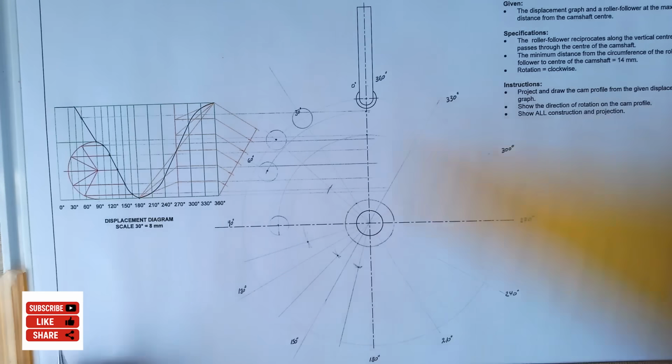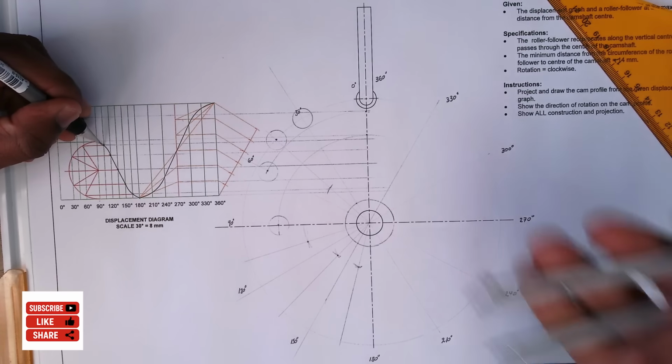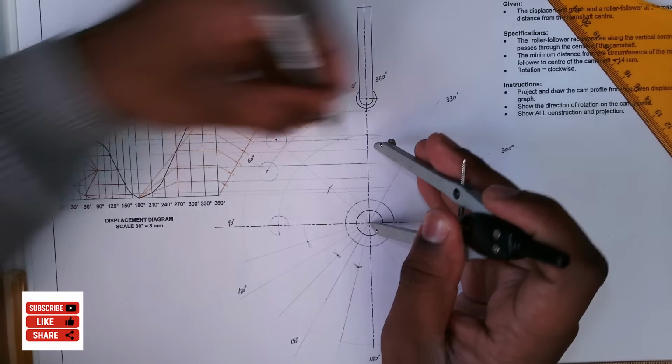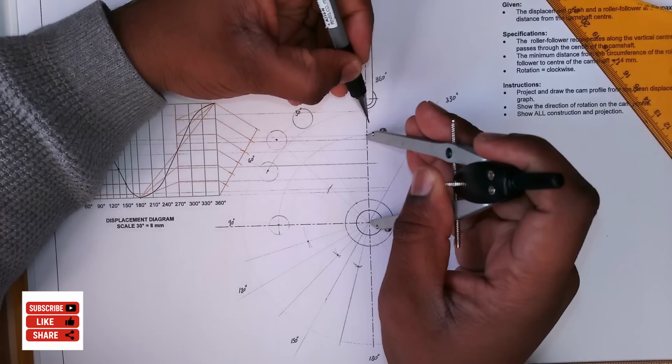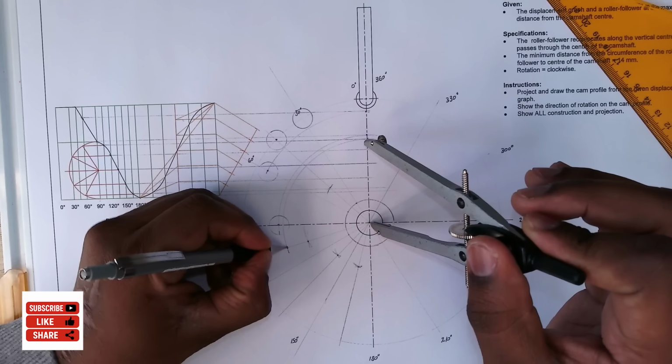Okay, so I'll start with this point here. I'll take my compass, put it at the center, and then to there, and then I'll just project that here. So which is this point here.